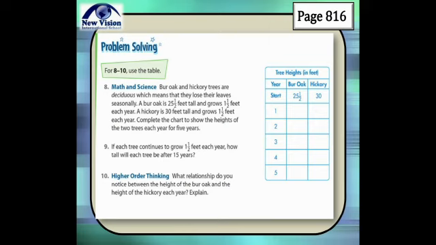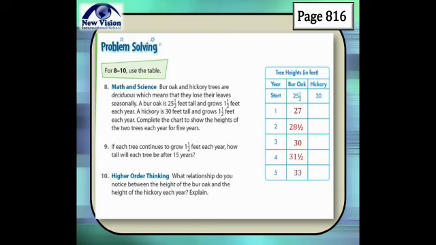So what rule are we going to use here? Very good. So we will add 1.5. For bar oak, let's start with 25.5. So we will add 1.5, so that would be 27. 27 plus 1 and 1/2, so 28.5 plus 1.5 is 30 plus 1.5, 31.5 plus 1.5 is 33.